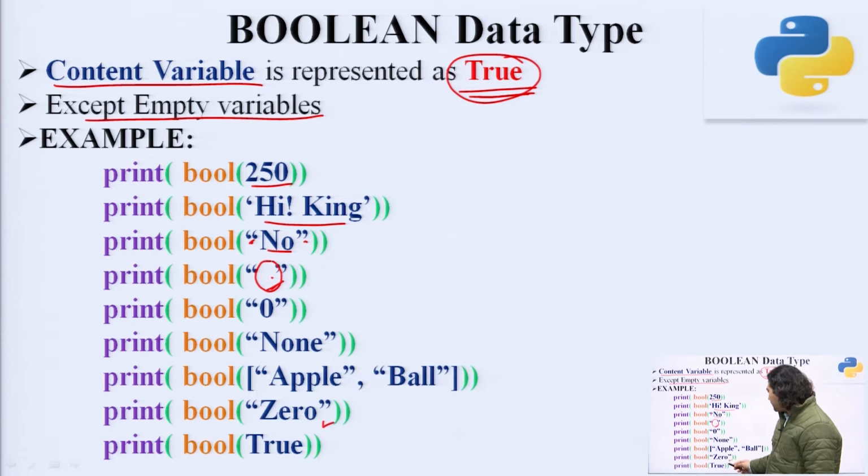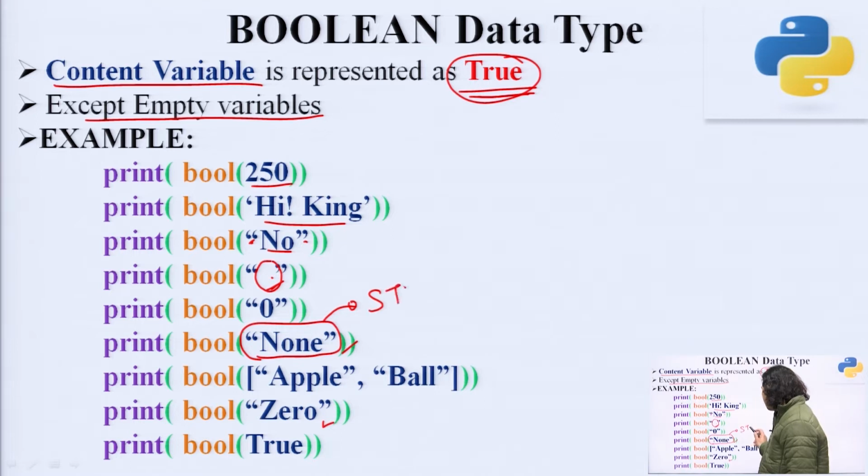Even here you can see 0, None. Now here you should be careful: this None is inside double quotation marks, which represents str. That means we are using the string data type, and it is representing these characters.